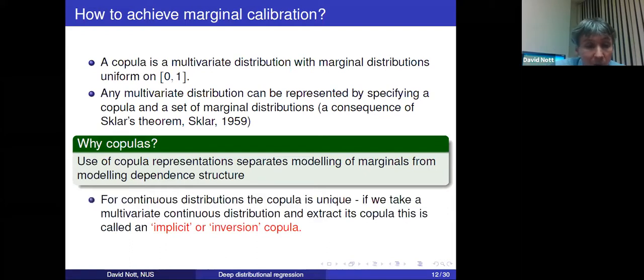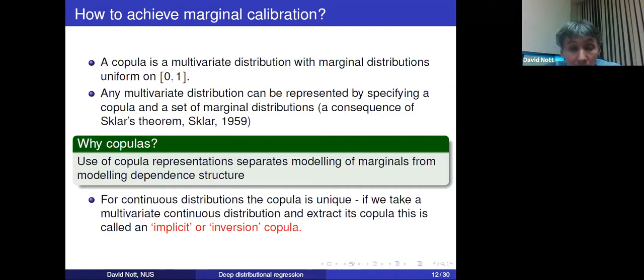Here we're going to be concerned with continuous distributions, and for continuous distributions, the copula is unique. We're going to use something called an implicit or inversion copula. If you take a multivariate continuous distribution and extract its copula, that's called an implicit or inversion copula.